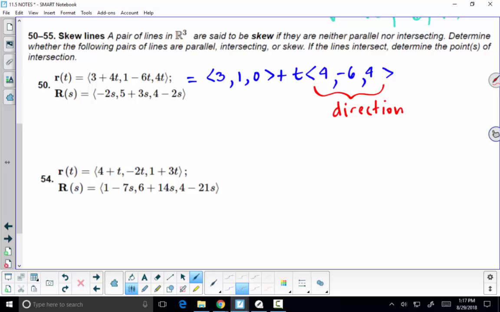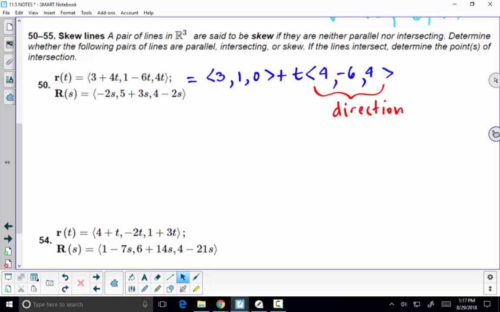Okay, so let's go ahead and try to figure this out. What we're going to do first is decide whether they intersect or not. So if they intersect, there would have to be a shared point that they have in common. They have to share a point. So the way we do that is set the x components equal to each other.